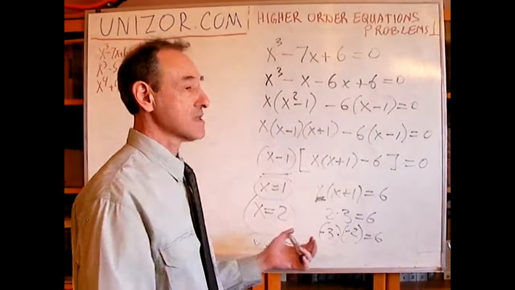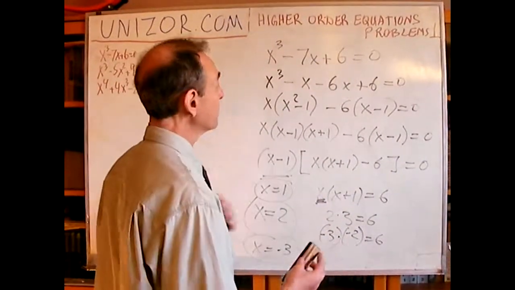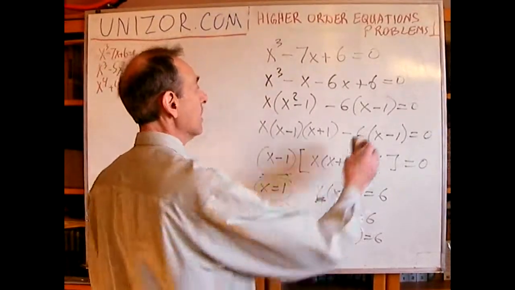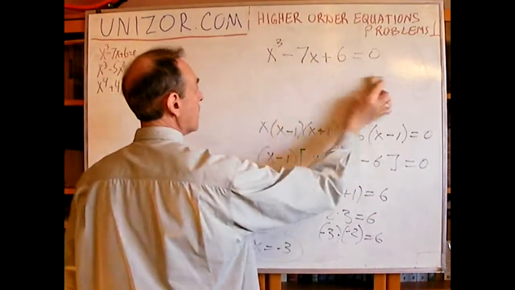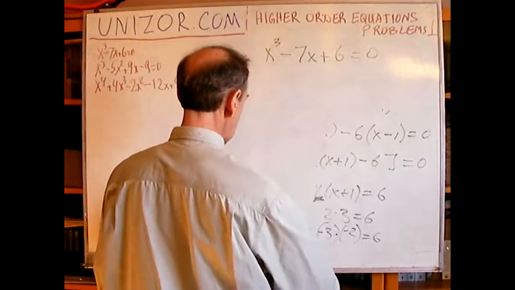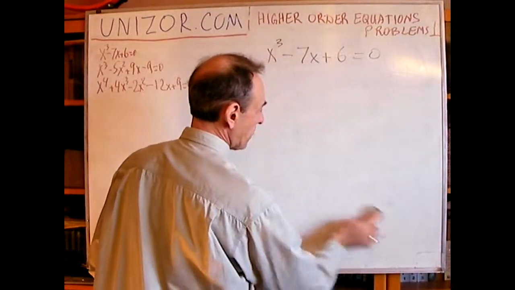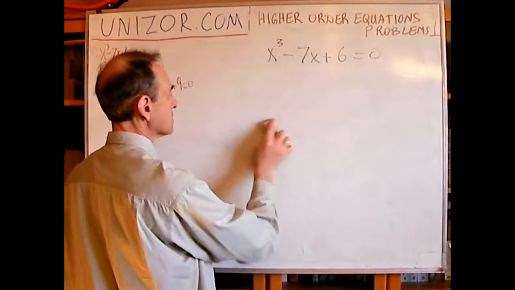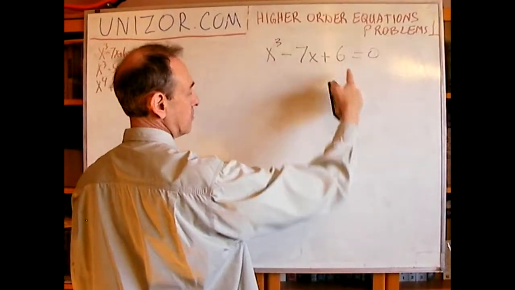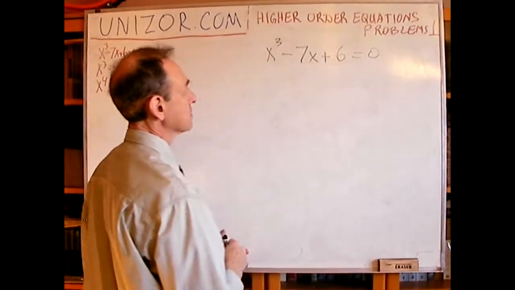So I wouldn't say this is a generalized approach, but what would be a generalized approach in this case? Well, probably the best way in this and the subsequent cases would be to look for integer solutions among divisors of the free member, the last one, the constant 6.